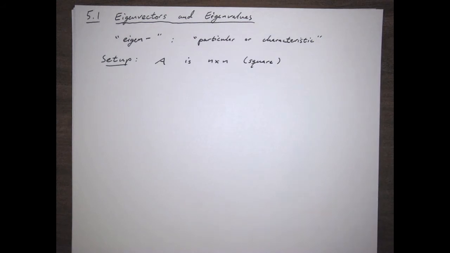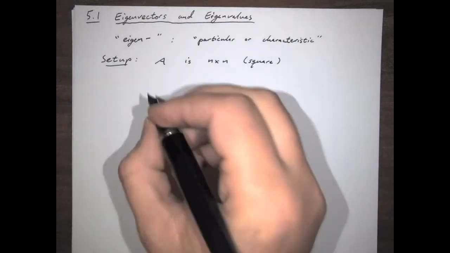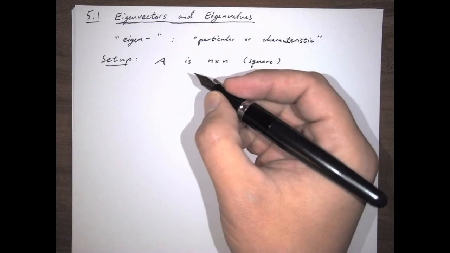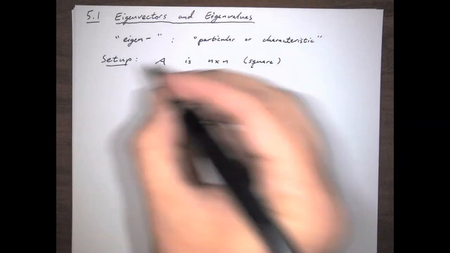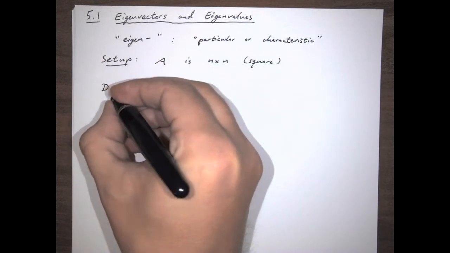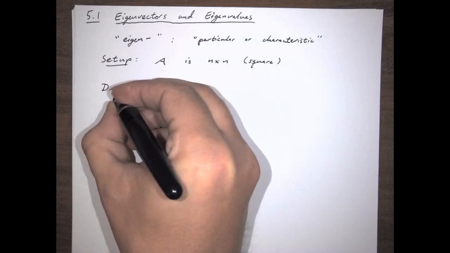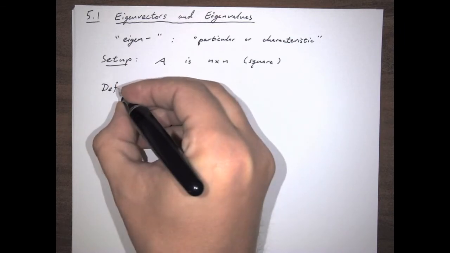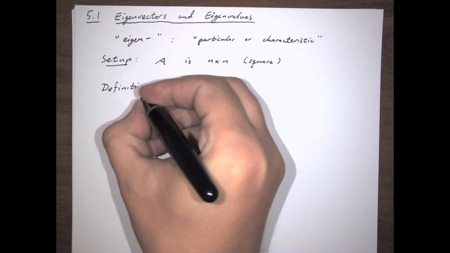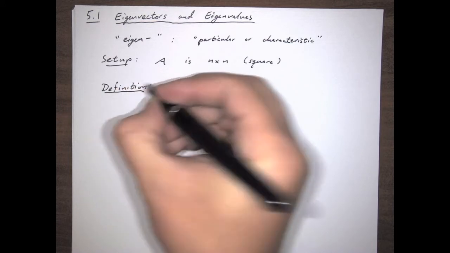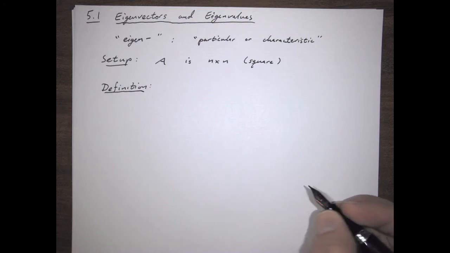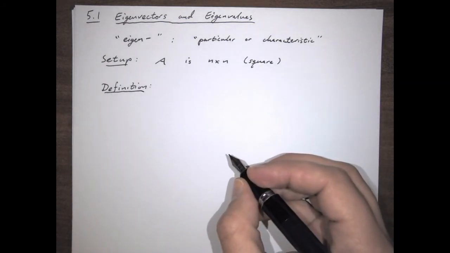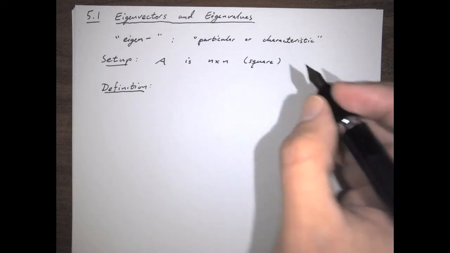There will be some exceptions, but for the most part, square matrices are where a lot of the action is. And I'll discuss why that is as we get into the details of all of this stuff.